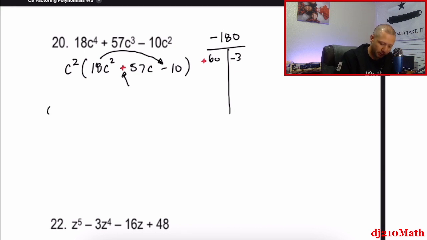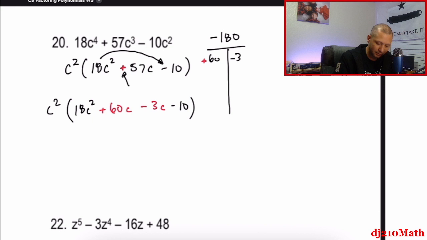So let's go, c squared, right, it's along for the ride. 18c squared plus 60c minus 3c minus 10. Right, this 57 business got split up: 60 minus 3.